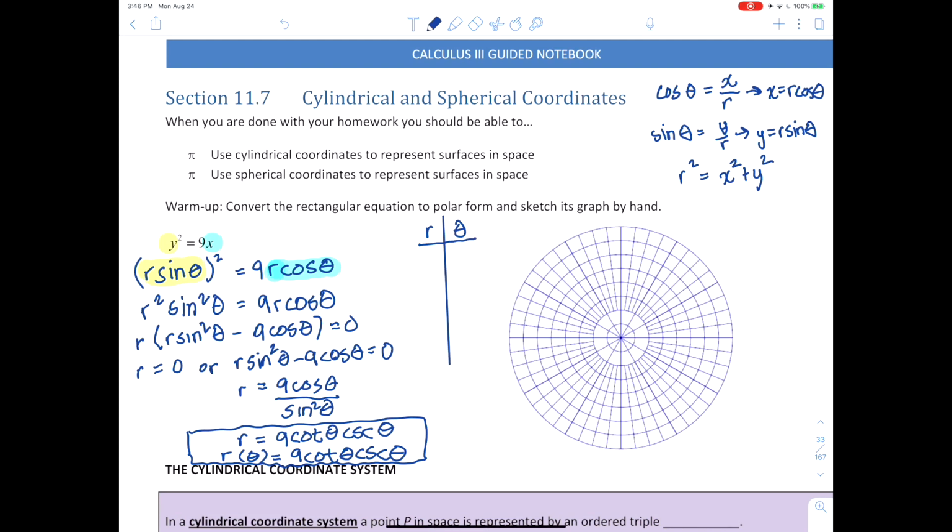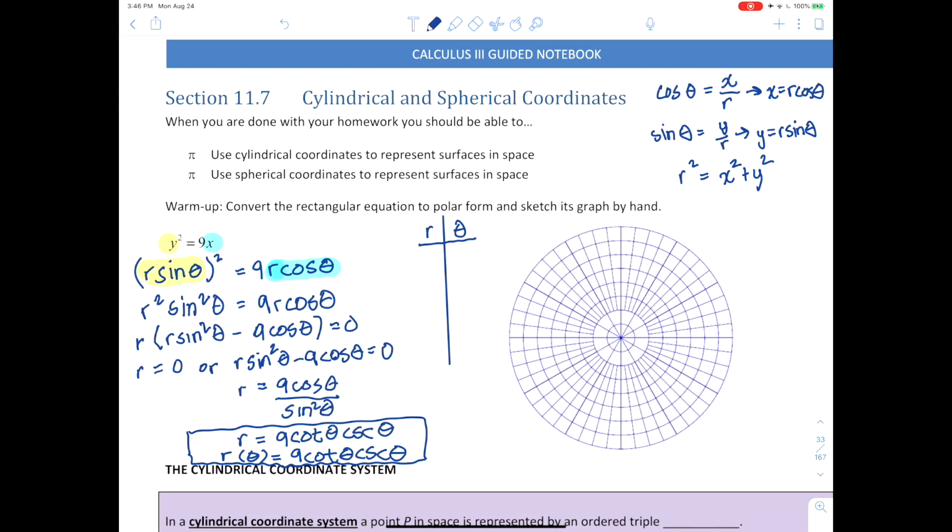Since sine theta is in the denominator of our expression, we need to stay away from theta equal to 0, theta equal to pi, and theta equal to 2 pi, which is coterminal with 0.